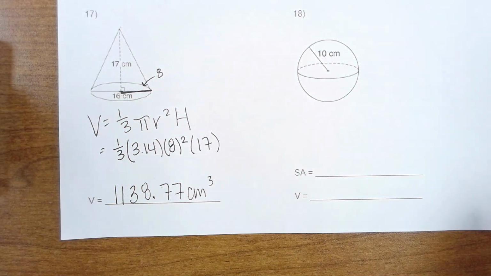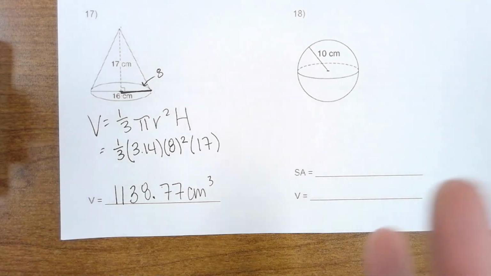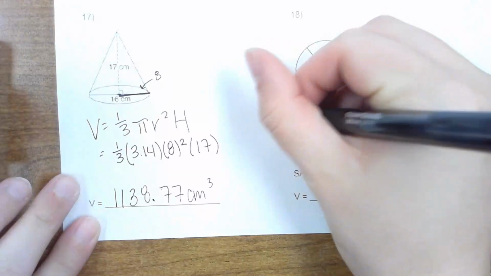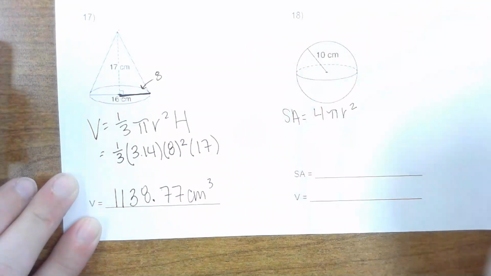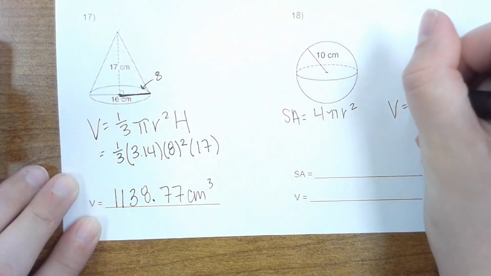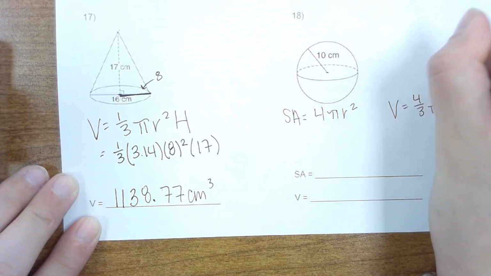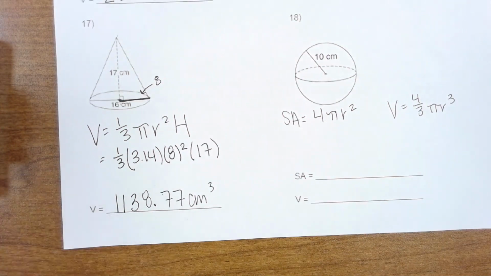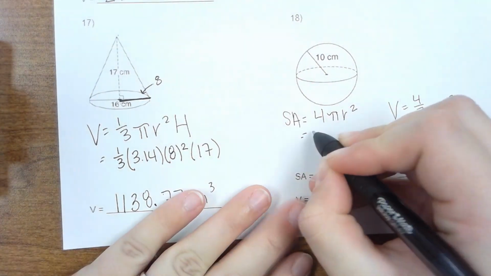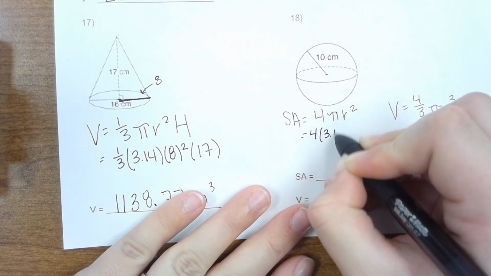All right, and then for a sphere, we need to find the surface area and the volume. So our surface area formula for a sphere is 4 pi r squared, and then the volume formula is 4/3 pi r cubed. Okay. All right, so again, we are going to plug in 3.14 in for pi.